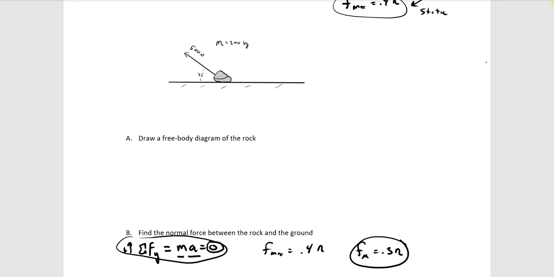compare the force component that's in this direction of that 500 newtons to your maximum possible frictional force. If the component of that 500 newtons that's in this direction is bigger than the maximum frictional force, then you know that rock is going to break free and start sliding.